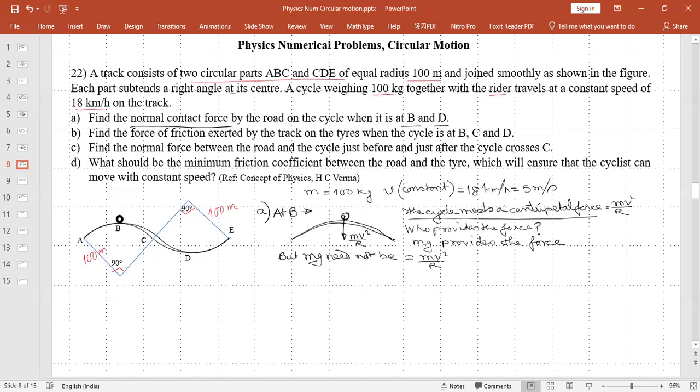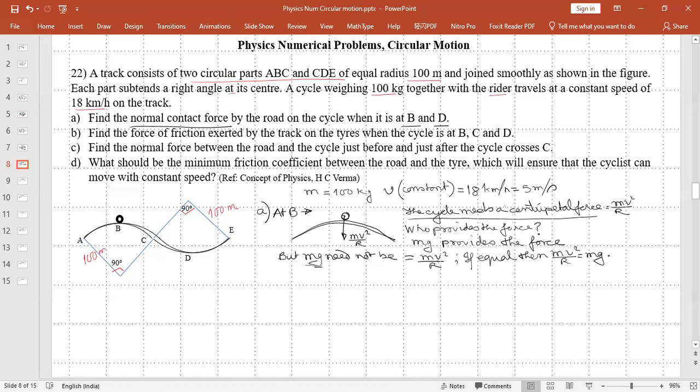Why do we say so? Because g is fixed, but v is the velocity of motion. You can drive your cycle or motorbike faster or slower. So they need not be equal. If equal, then of course mv square by r is equal to mg.